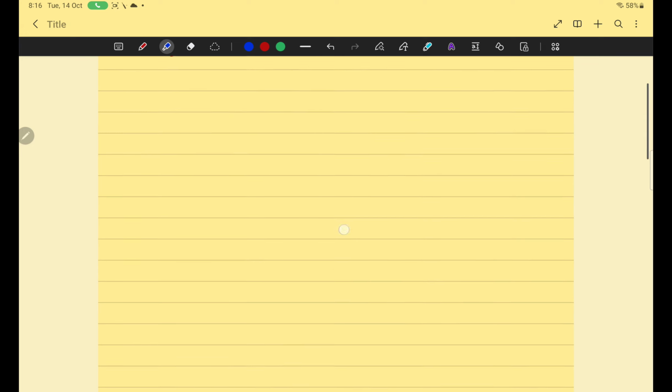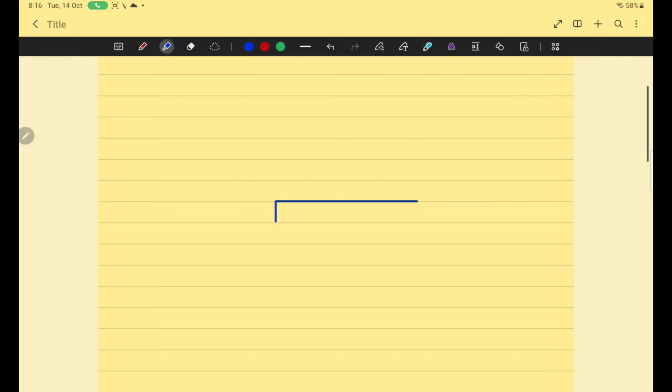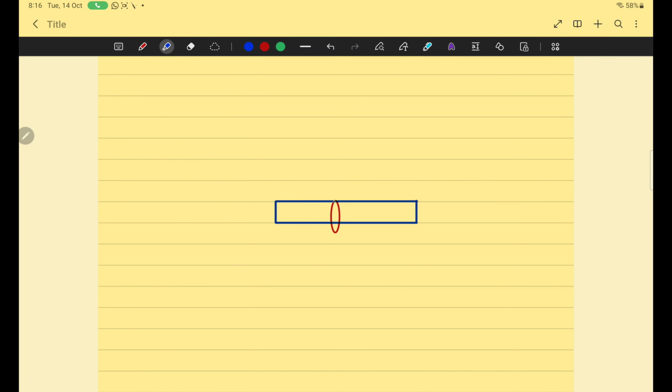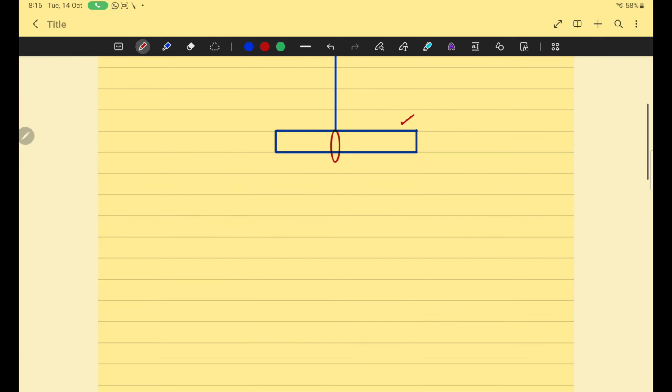If you suspend a metal bar with the help of a string, hanging it freely, then one end always points to the geographical south of the earth, and we call this end the south pole.